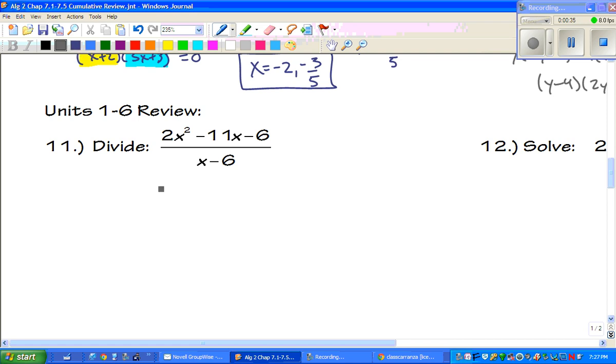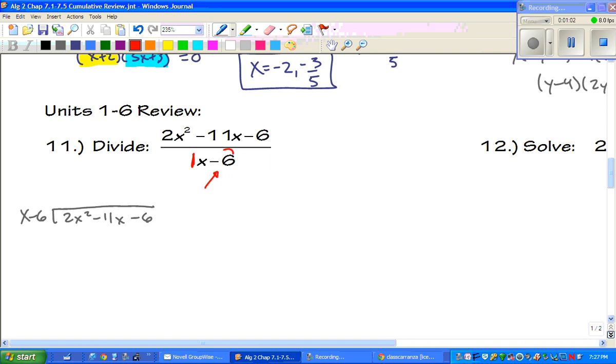The long way to do this is long division, where we would do x minus 6 and set up the 2x squared minus 11x minus 6. You would divide this out and see what happens. Now, I'm not going to do that because we can do synthetic division, which is a faster way to do it when your leading coefficient is 1.